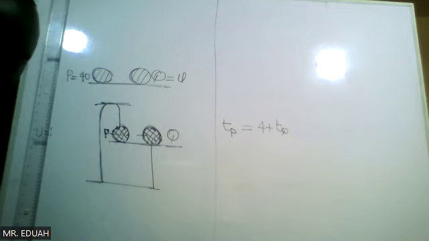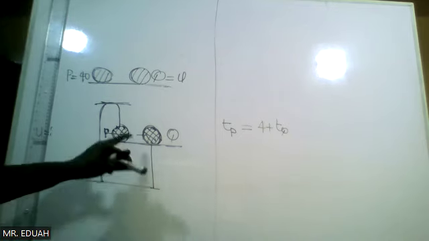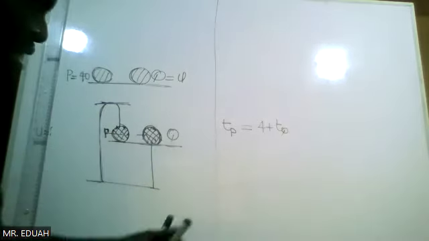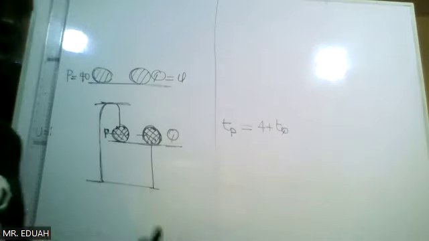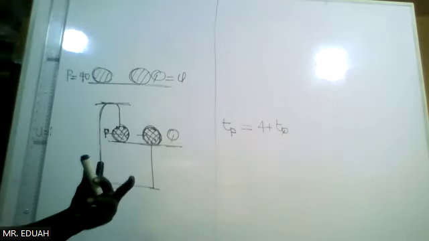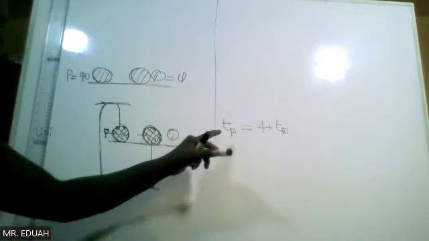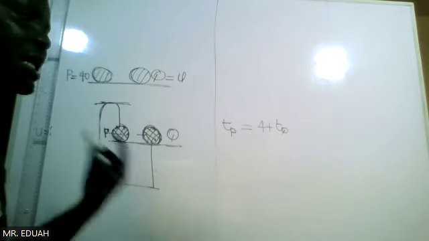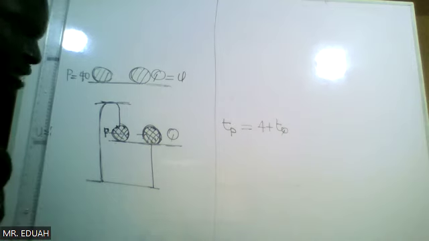Are we okay? So the time for Q must be equal to the time of P minus 4, because P leads Q by 4 seconds.